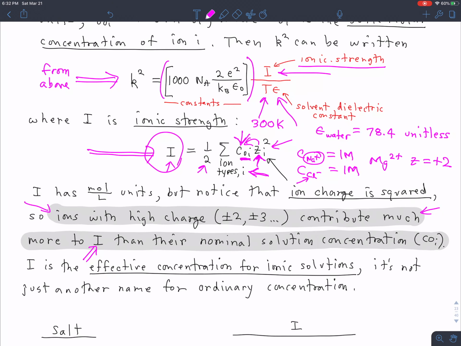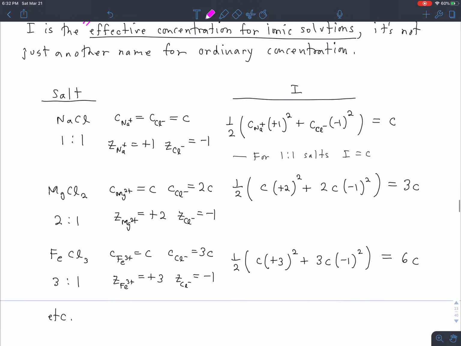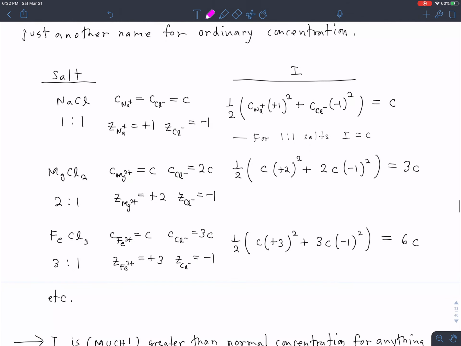So watch for that. All right, let's look at some examples of ionic strength, because we're going to need to calculate ionic strengths over and over again in order to use any of the formulas down below. For sodium chloride, +1, -1, that's a 1-to-1 salt. Z for sodium is +1, Z for chloride is -1. The concentration of sodium chloride, let's call it C, is the same as the concentration of either sodium or chloride after the ions come apart.